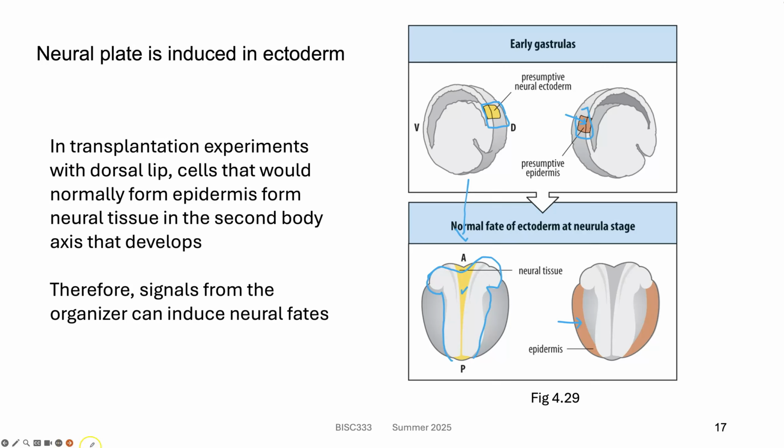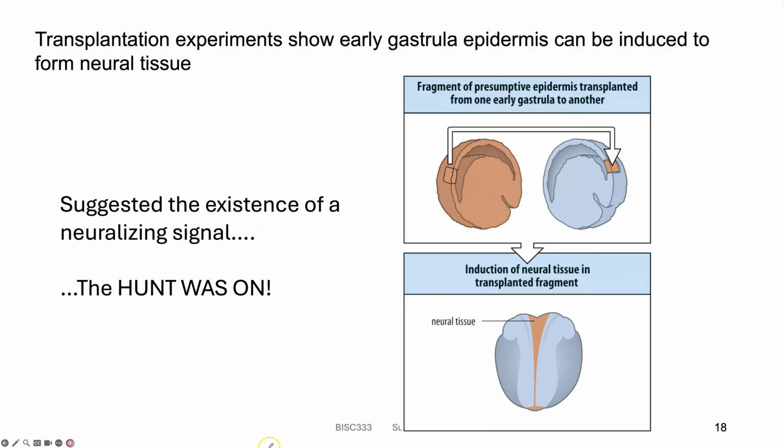Okay, so now what happens if we take presumptive, say, epidermal tissue and transplant it into a region that is supposed to form the neural tissue? Remember how this kind of experiment would have to be done. You want to be able to follow the transplanted cells inside the host cells to find out what happens to those transplanted cells.